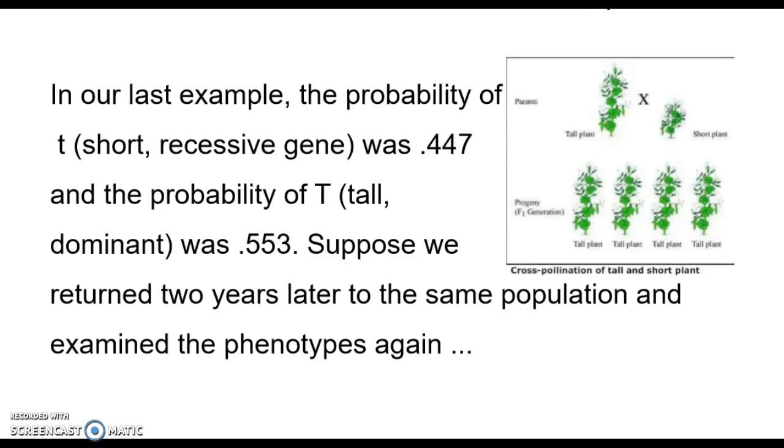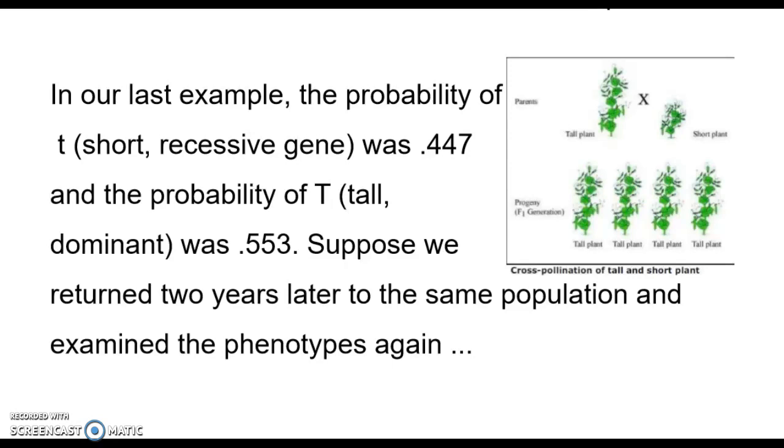The probability of big T was 0.553. So p was 0.553, q was 0.447. If the population's in Hardy-Weinberg equilibrium, then we should find phenotype distributions that correspond to these genotypes, this gene pool or allele frequency.